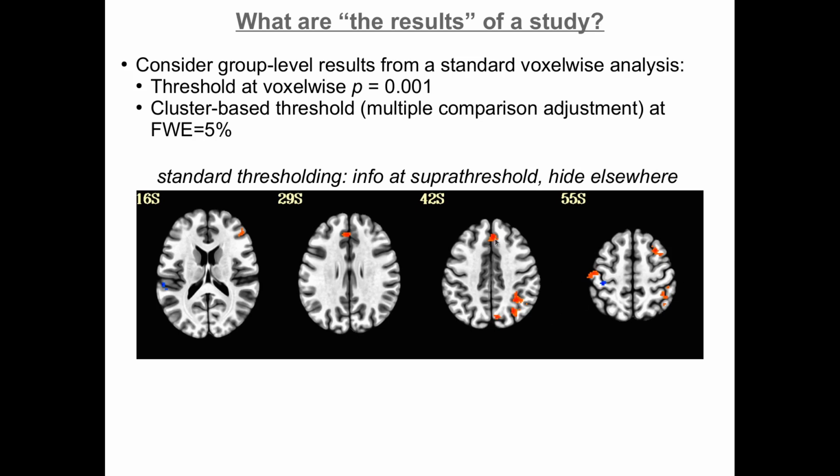So the idea would be that wherever you see color now are these significant results, and there you go. And you don't need to know anything else about any other part of the brain. So the researchers have decided this is all you need to know, except for the fact that here, or even here, we don't need any information.